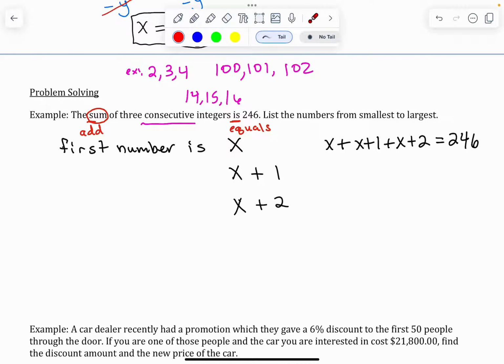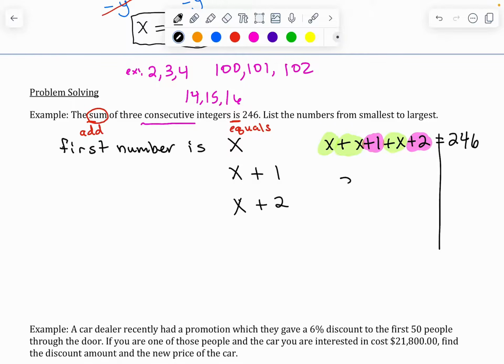We took the first number, we added it to x plus 1, and then we added that to x plus 2. So now we can combine like terms. So we have x and x that are the same, and 1 and 2 that are the same. So that's going to give us 3x's plus 3 equals 246. And now we have a basic equation that we hopefully know how to solve.